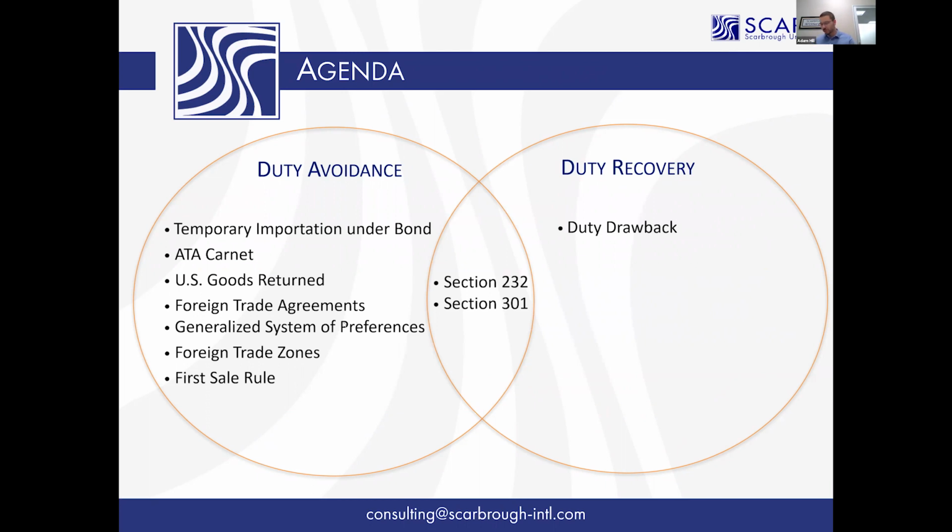So just a couple of points here on the TIB in general and a couple of questions. And Pat, I'd be kind of interested to hear maybe some of your thoughts. But one of the things that I always like to remind people when we start talking about TIBs is that not everything qualifies. And I think this is really where we see most of our clients start to get in trouble, is that they anticipate bringing something in for a short amount of time, shipping it back out of the country, and they're like, I can just bring it in under a TIB and not have to worry about it.